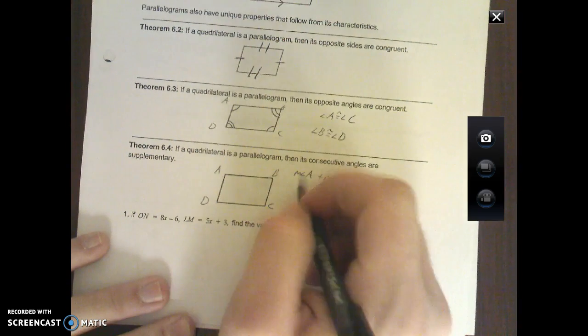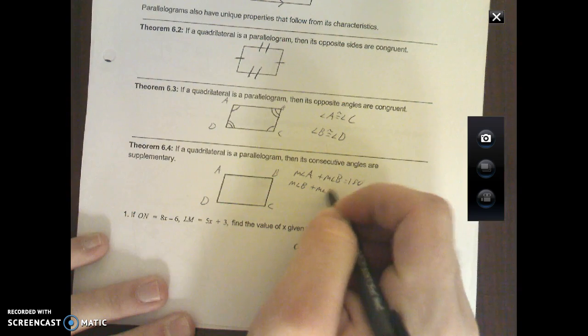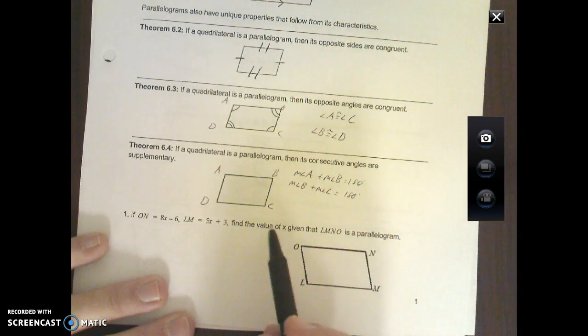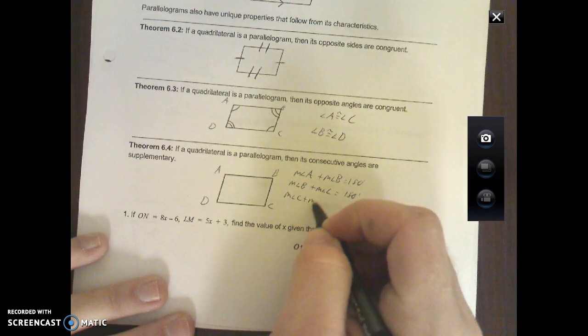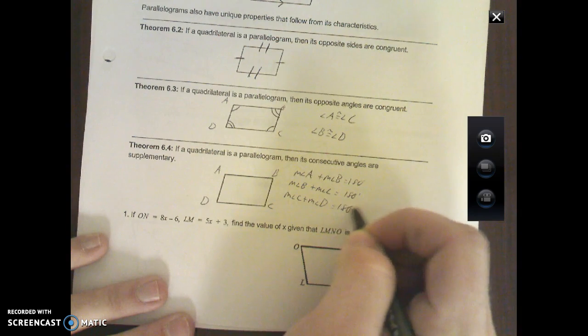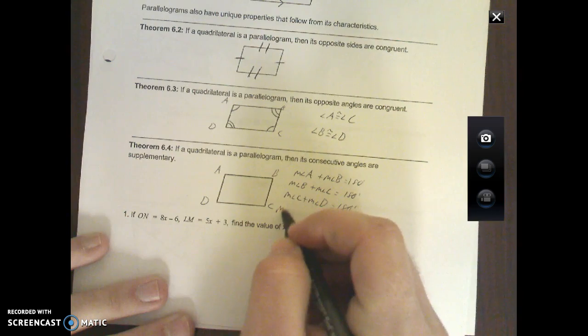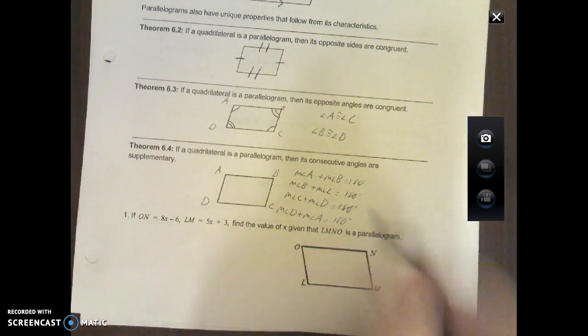But I have a few pairs of these. The measure of angle B plus the measure of angle C equals 180 degrees. The measure of angle C plus the measure of angle D equals 180 degrees. One more: the measure of angle D plus the measure of angle A equals 180 degrees.